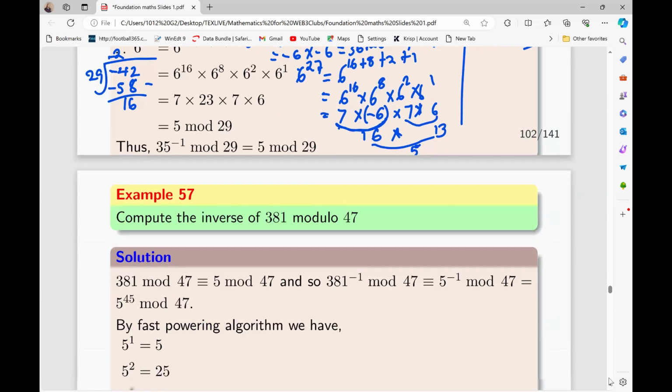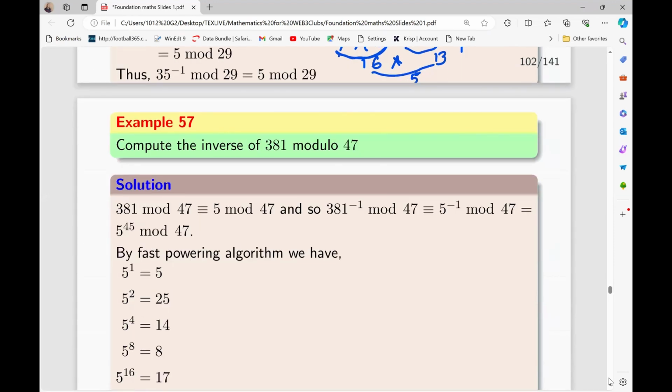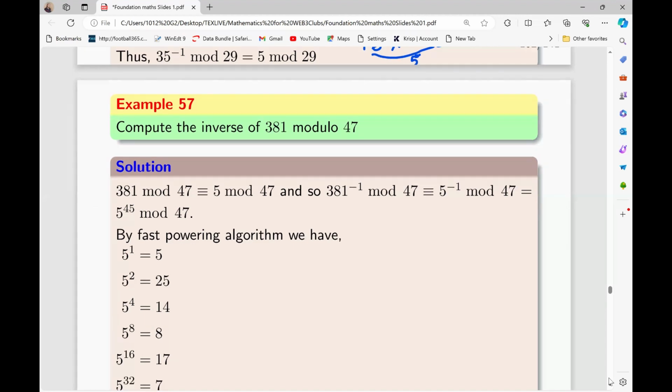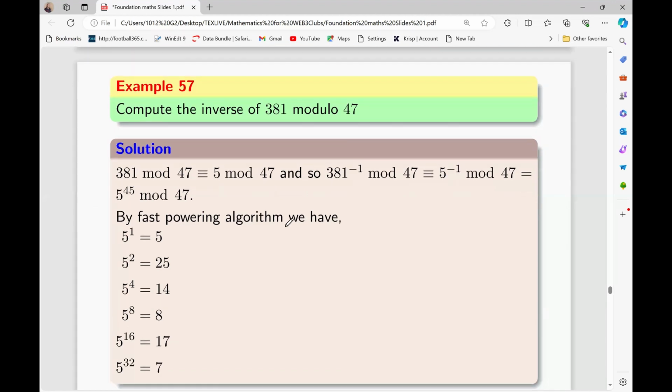Now let's do the inverse of 381 mod 47. Somebody gives me 381 mod 47, another gives me 5 mod 47.